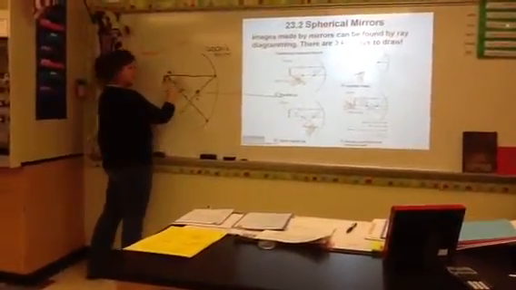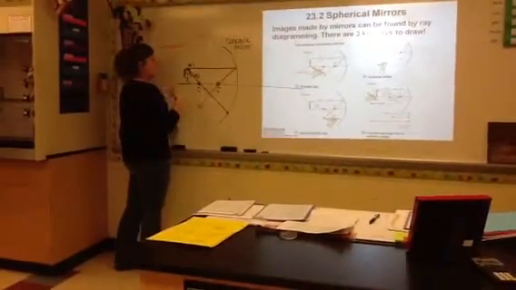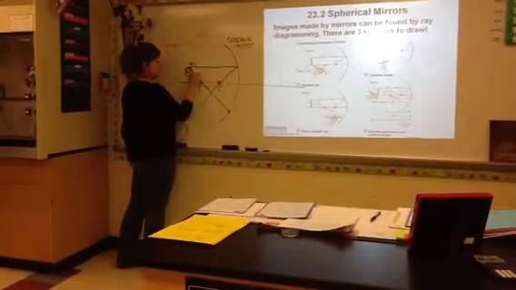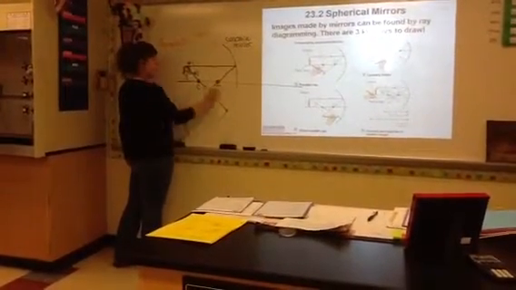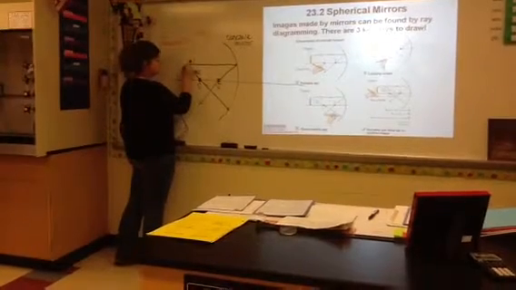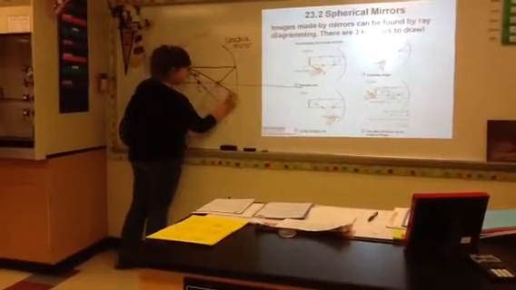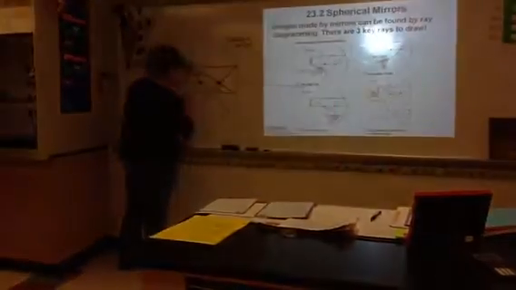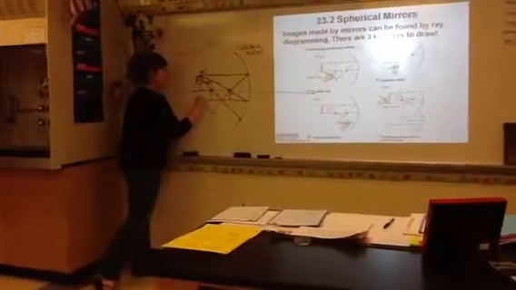Our first ray went parallel to the optic axis, then through the focal point. Our third ray is going to go through the focal point, and then it's going to go parallel to the axis. So let's try this one. This would be number 3.